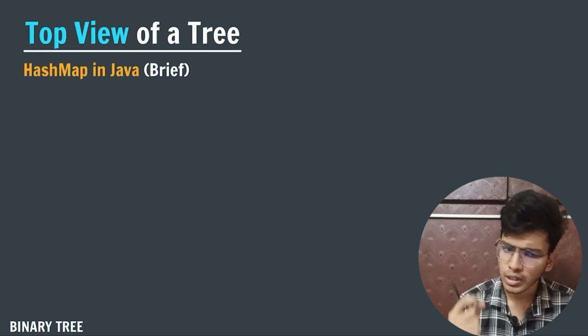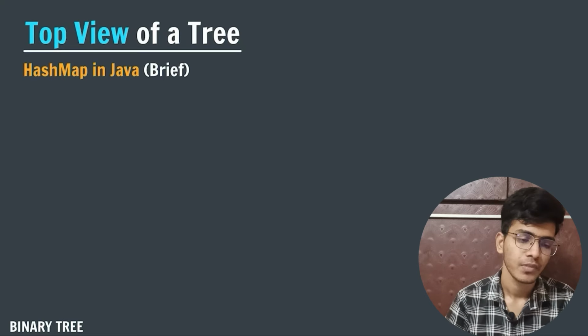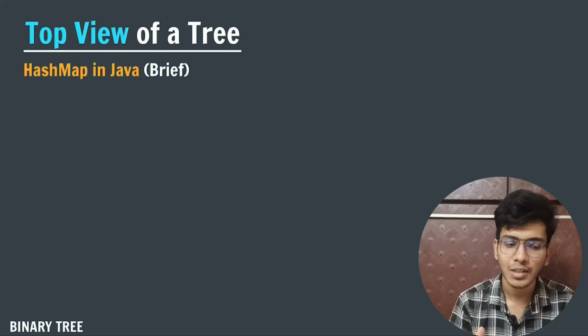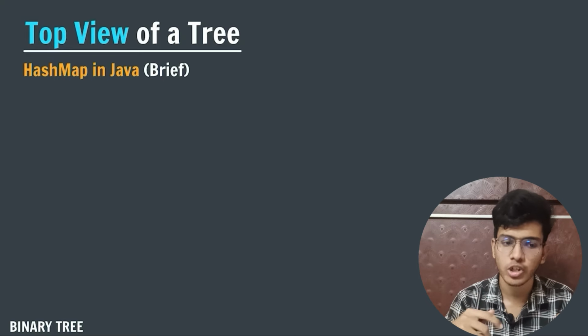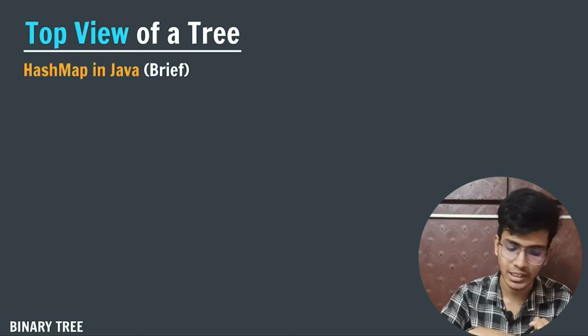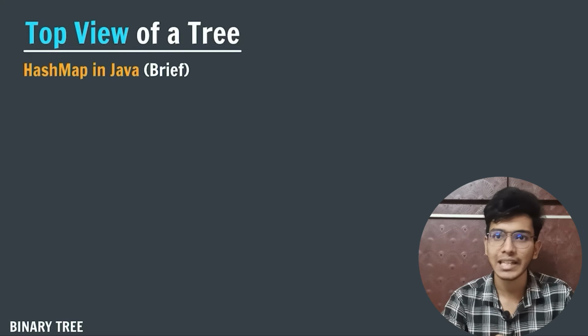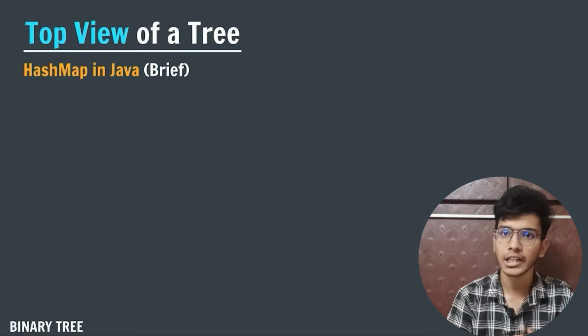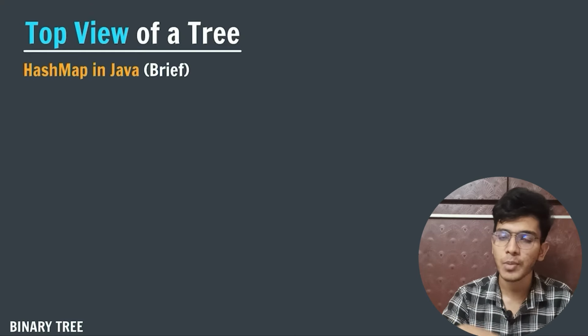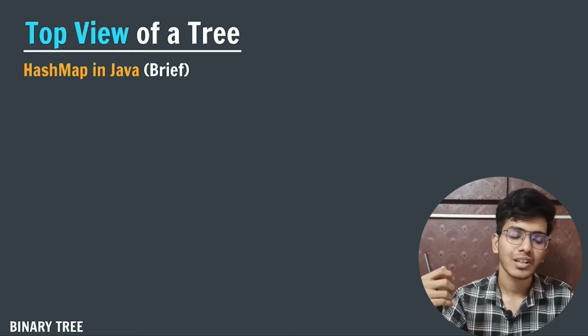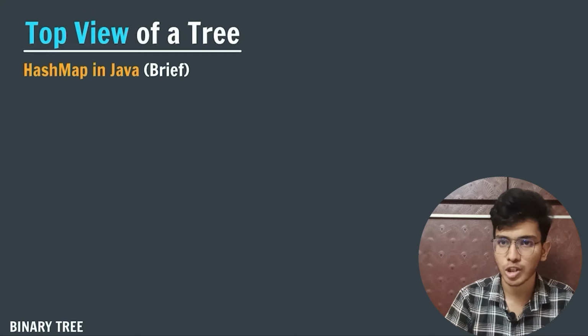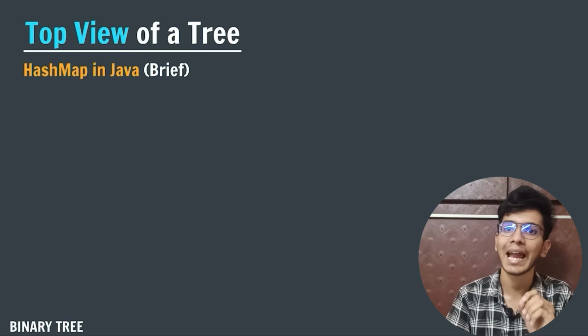Now let us begin with our hash map. A hash map is nothing but a data structure. We have studied arrays, array list, linked list. These are linear data structures, right? Now we are studying a hierarchical data structure, which is binary trees. Similarly, hash map is also a data structure which stores data in the form of key and value.